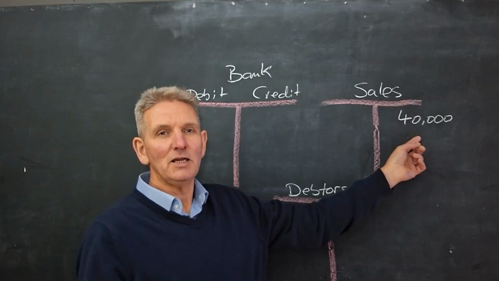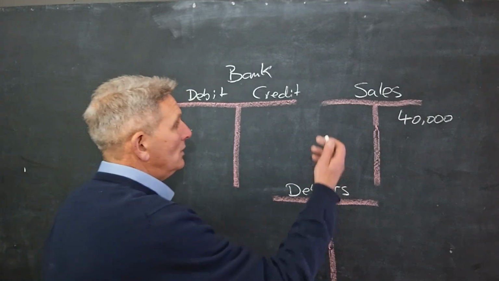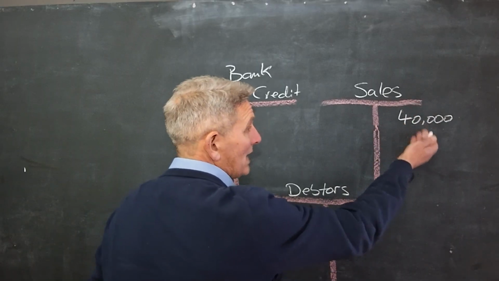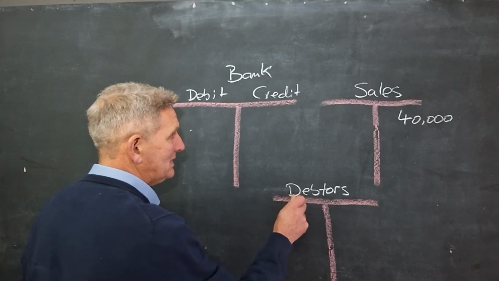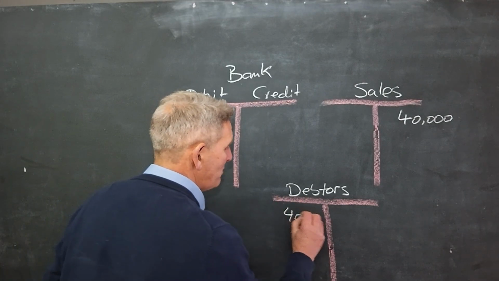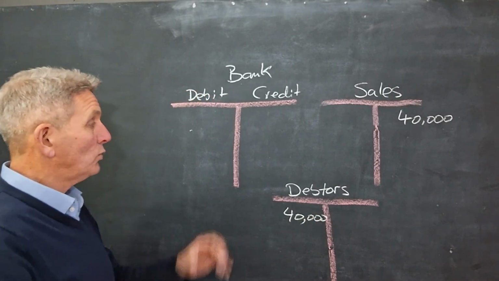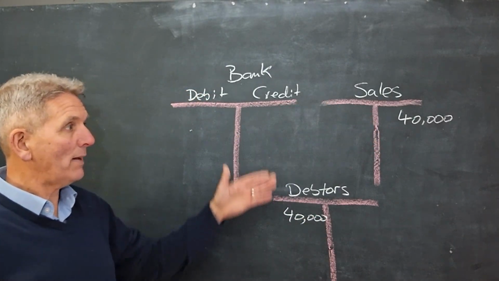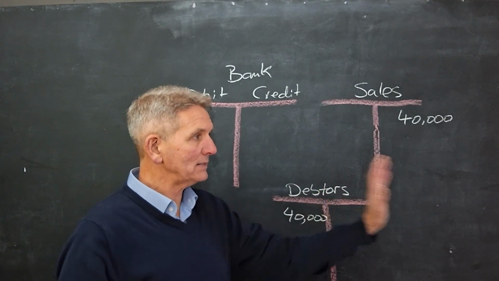Now we need to make an equal and opposite entry in another account. So the money came from our sales and it didn't go into our bank because he hasn't paid yet, it went into debtors. So we debit the debtors side with 40,000. It's one transaction, so it's the same amount. One's on the left, one's on the right, they both balance.